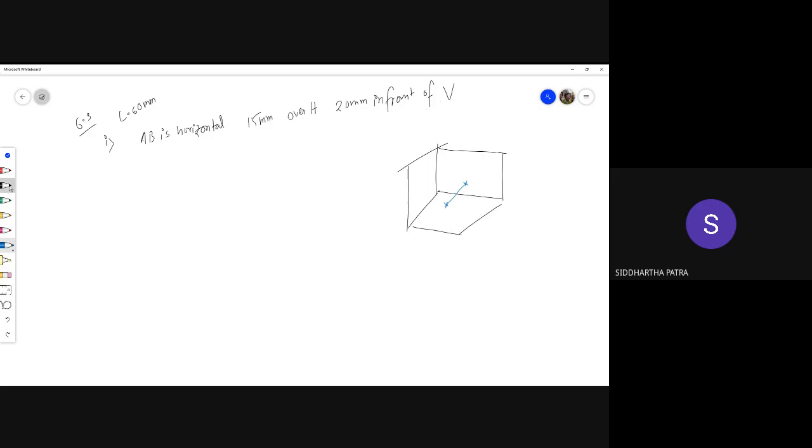That is, these distances are 20 millimeters, and these distances are 15 millimeters over H. Okay, and as you can see, on either plane, it would look like a 60 millimeter horizontal line.